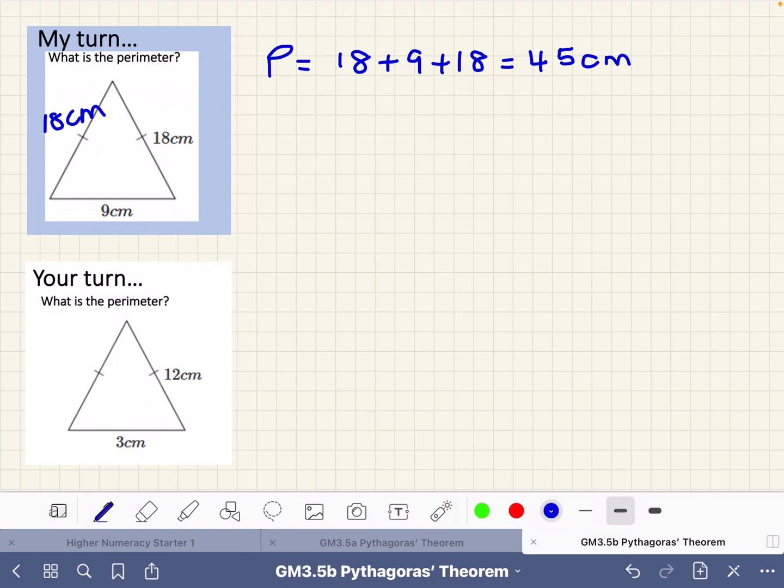Your turn. We have an isosceles triangle with a base of 3 centimetres and a side of 12. Isosceles triangles mean that this side and that side are equal as noted with these marks here.